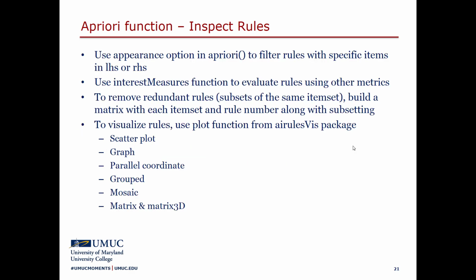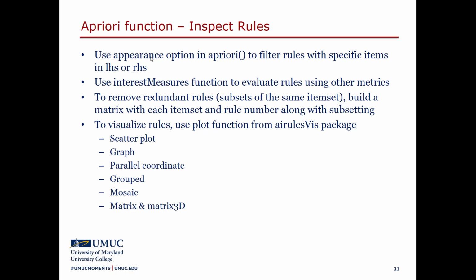I only used 2 options earlier when I called the apriori function, right? But there are many other options that you can pass to the function call. One of them is appearance. Appearance is the way you control the number of items in the left-hand side and the right-hand side. I haven't used it, but it's a commonly used option in that function.